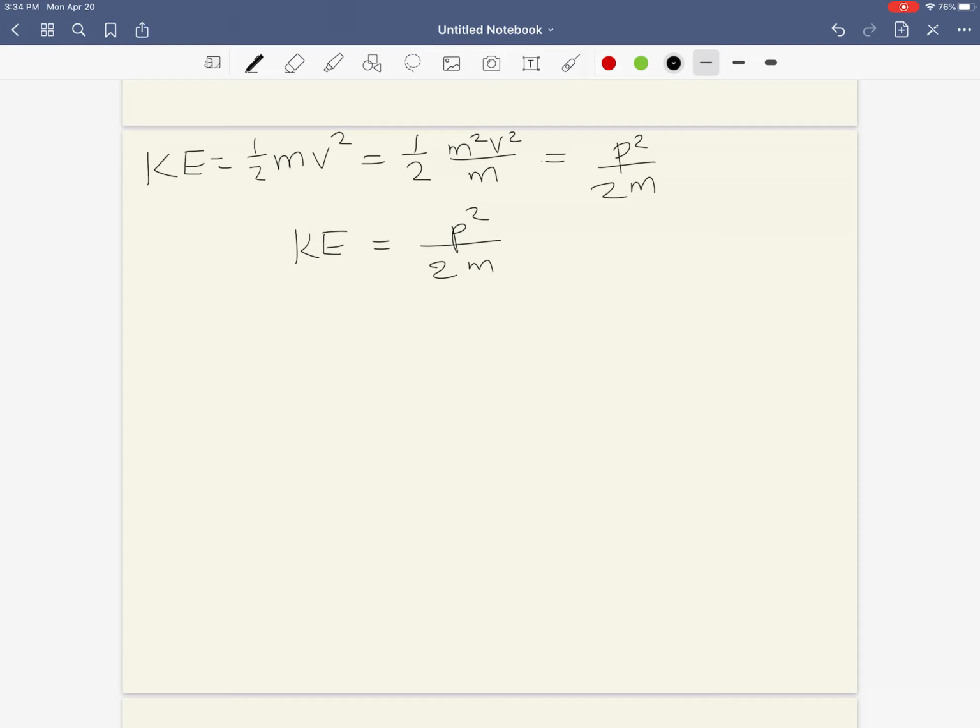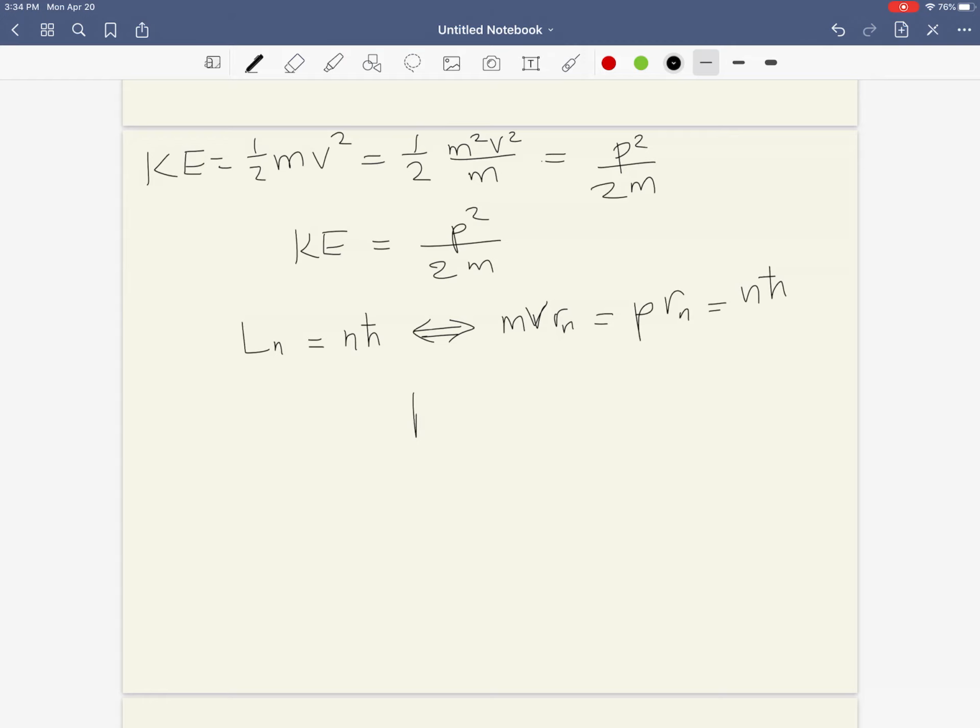But now we shall use the quantization of the angular momentum as follows. So L sub n, you recall that this is n h bar, okay? But L sub n, the angular momentum itself, is m v times r sub n, which is the momentum times r sub n, and that's n h bar.